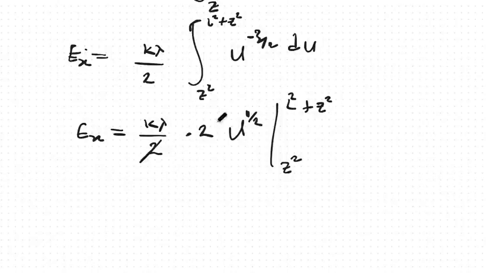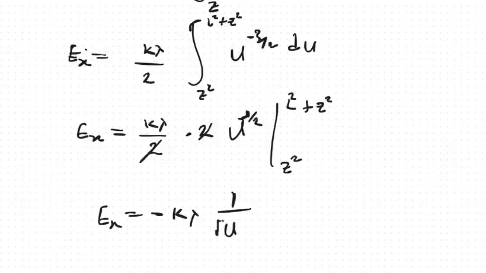So these two can cancel, and we'll be left with EX equal to negative k lambda. There should be negative, sorry, 1 divided by square root of u, from z squared to L squared plus z squared.